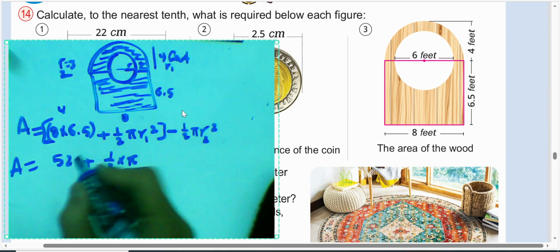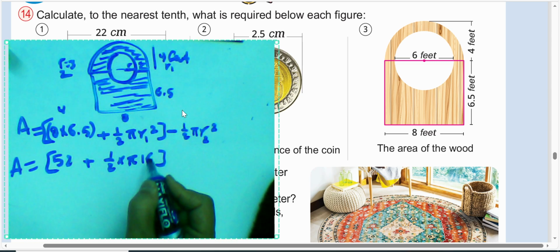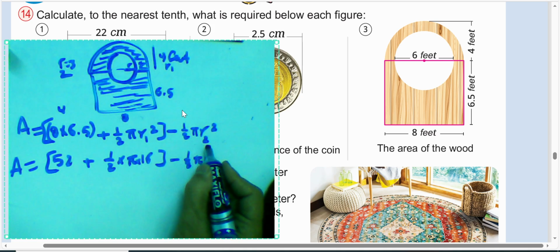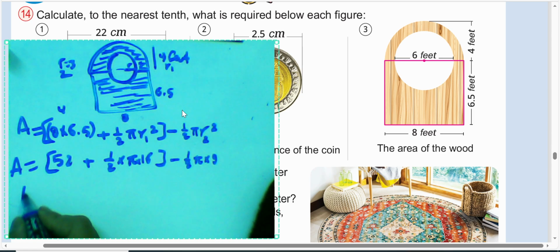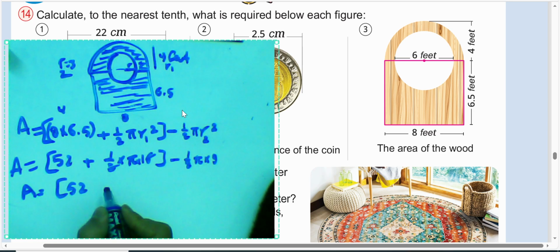Okay, never mind, at the last we put the result in the calculator. Radius 1 power 2, 4 power 2 equals 16. Subtract half product by radius 2 power 2, 3 power 2 is 9. Then the area will be half of 16, which is 8. Then we have 52 plus 8 pi.